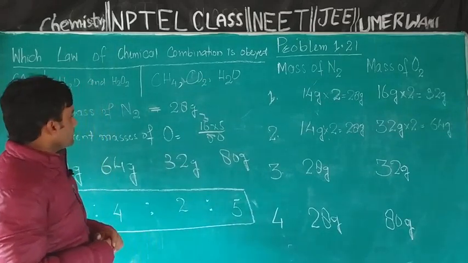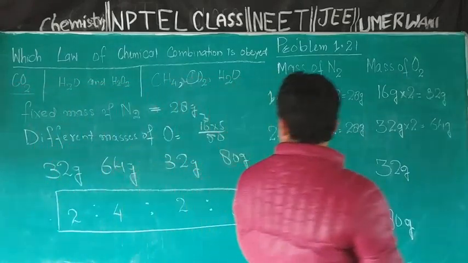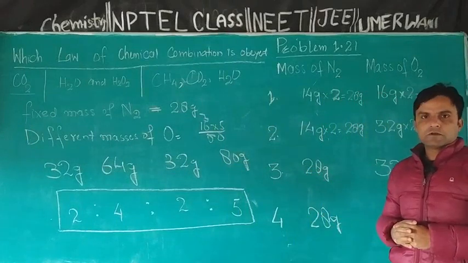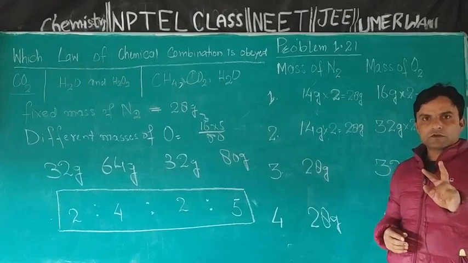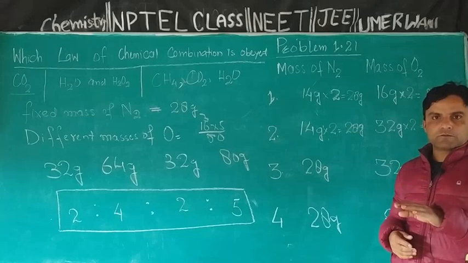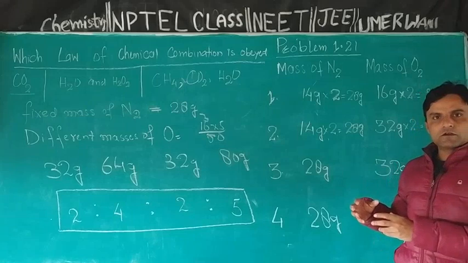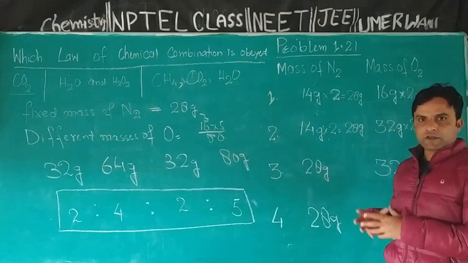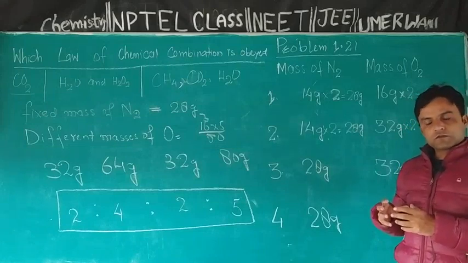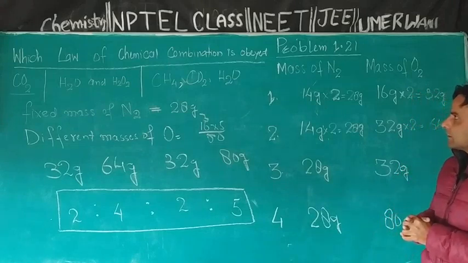Now I have in mind that for the law of multiple proportion we need two different elements, they need to react and form two or more than two compounds, and the mass of one element should remain fixed and the mass of the second element should vary, and these masses of the second element should bear a simple whole number numerical ratio.